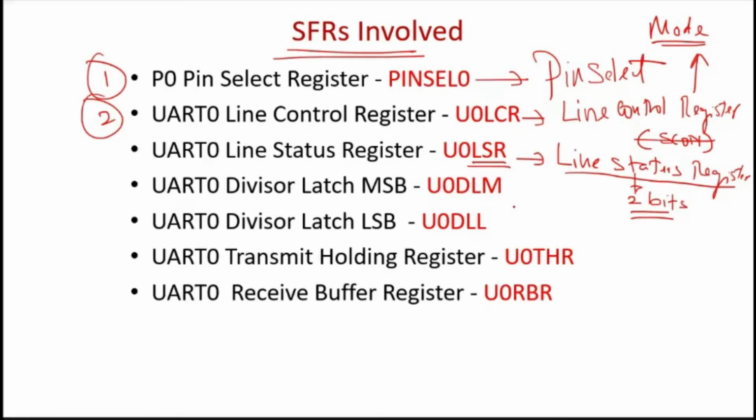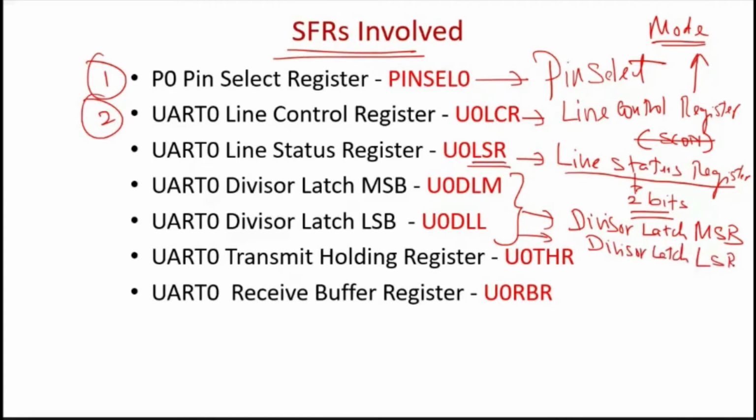The next one is called baud rate setting SFRs, DLM and DLL. DLM stands for divisor latch most significant bit, MSB. DLL stands for divisor latch least significant bit, LSB.